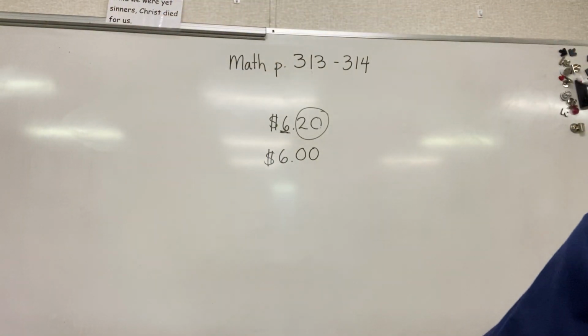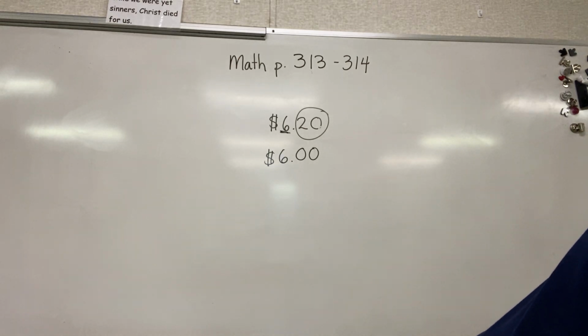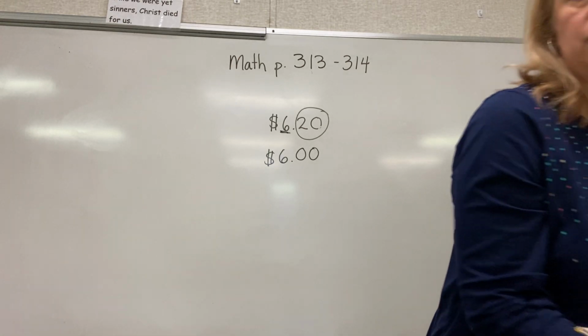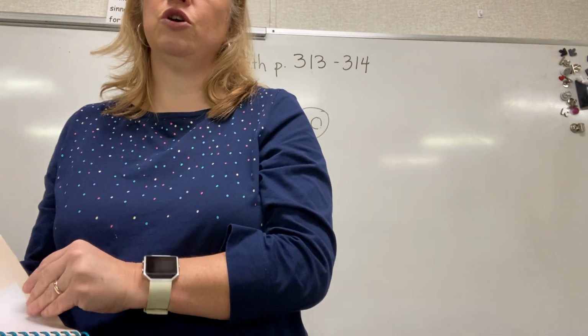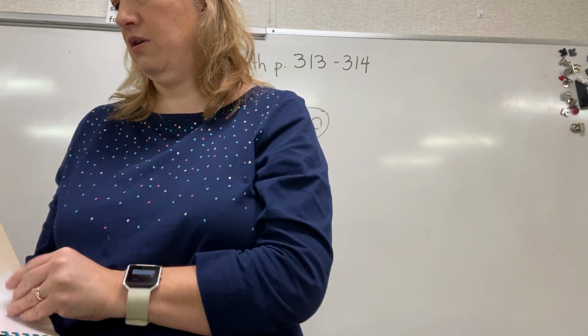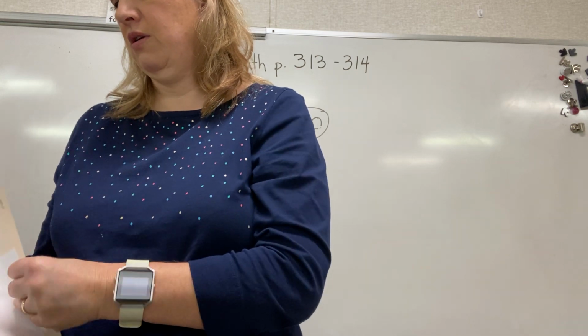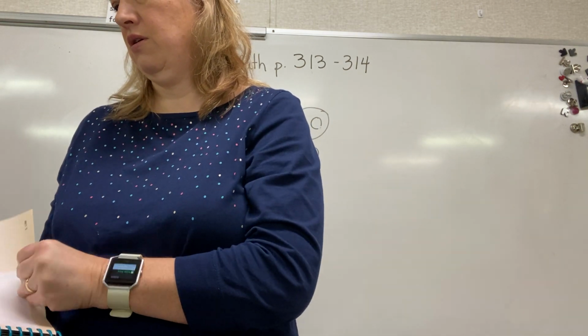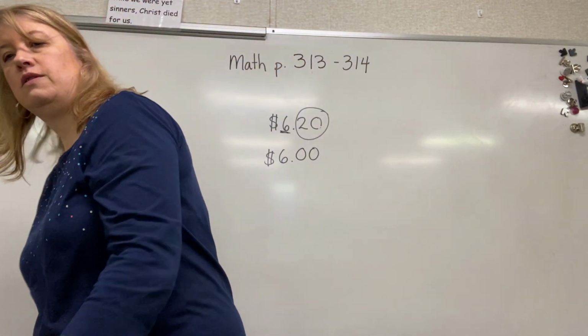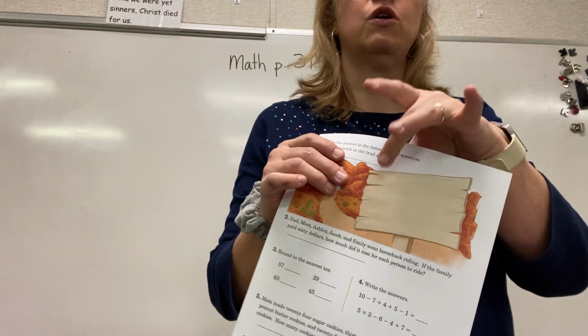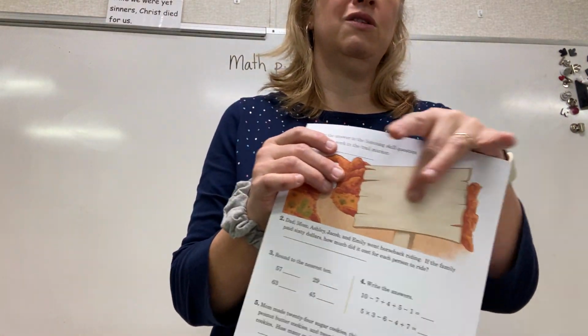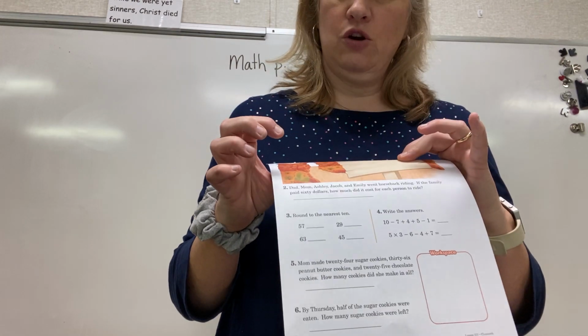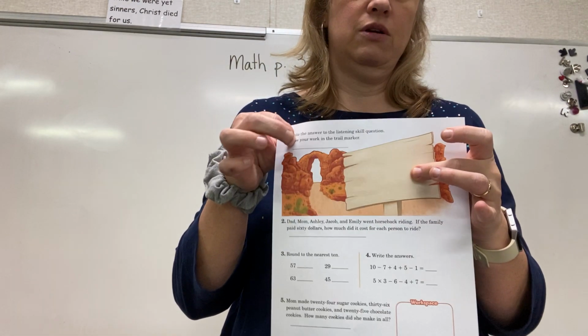Number 1 says to write the answer to the listening skill questions and show your work at the trail marker. Do your work in this trail marker or sign, and then you're going to put your answer up here.